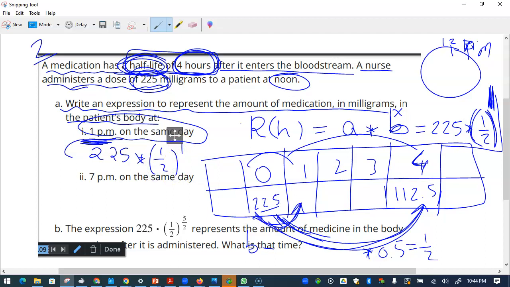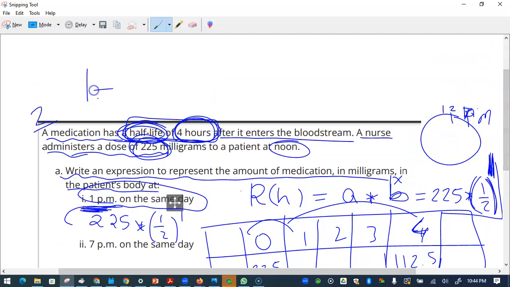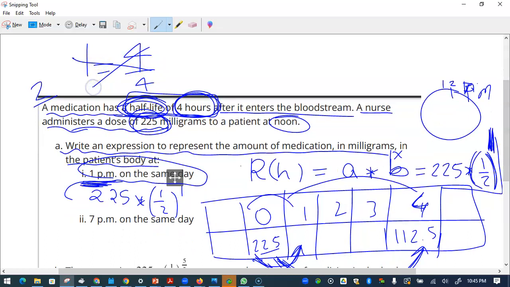Or in other words, 1 basically means 4 over 4. So at 1 p.m. means... I made a slight mistake here. I'm sorry, this is wrong. Let me repeat it one more time.